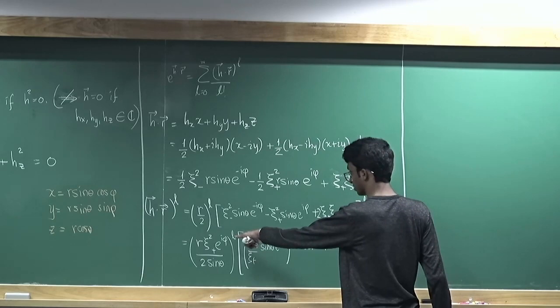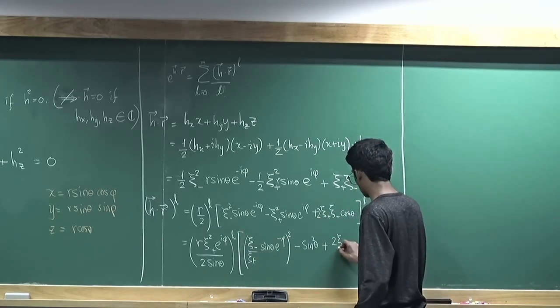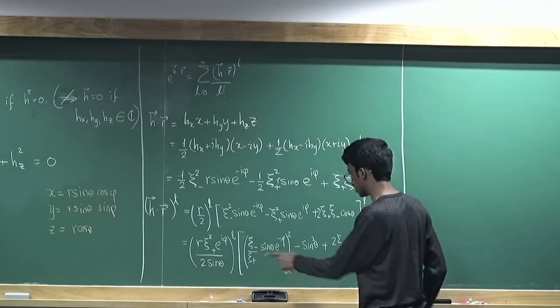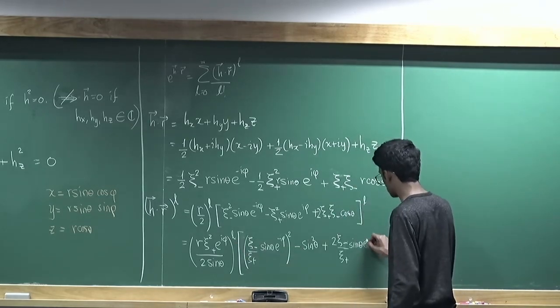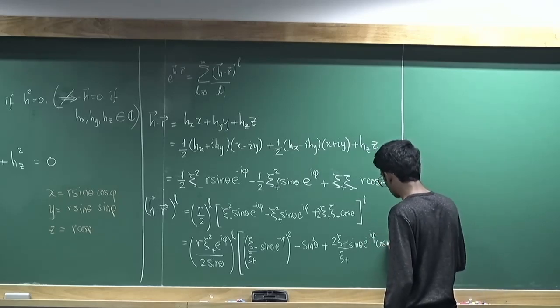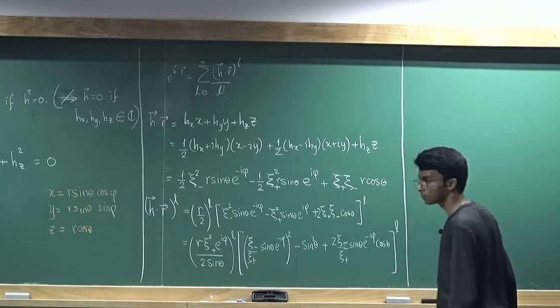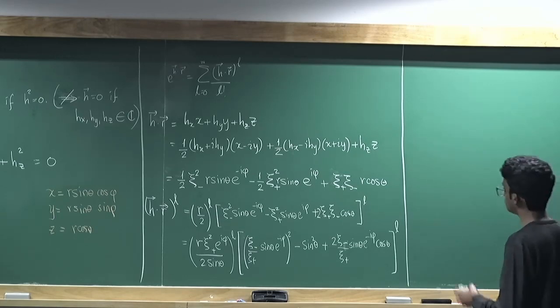I took a xi plus squared out, so that makes this a xi minus over xi plus. I took a sine theta in the denominator, which goes up in the numerator. I took an e to the I phi, so that gives you an e to the I phi in the e to the minus I phi, and a cos theta.